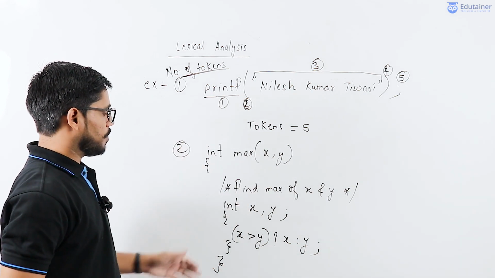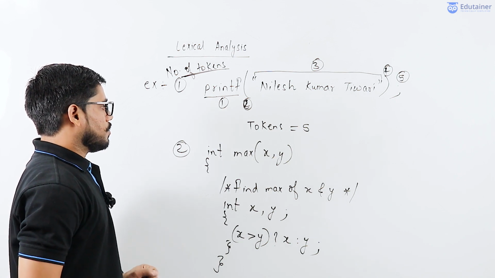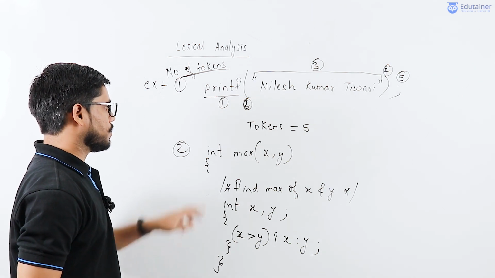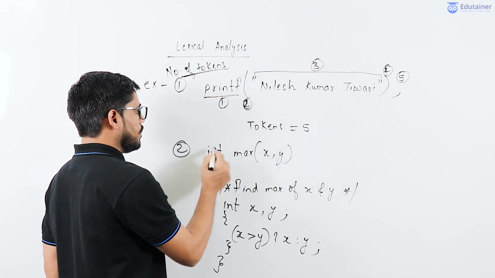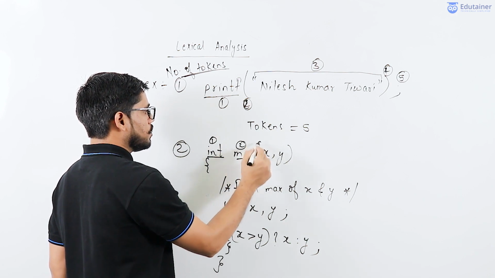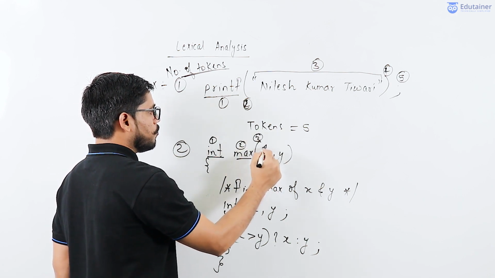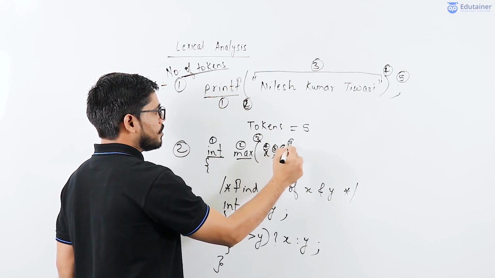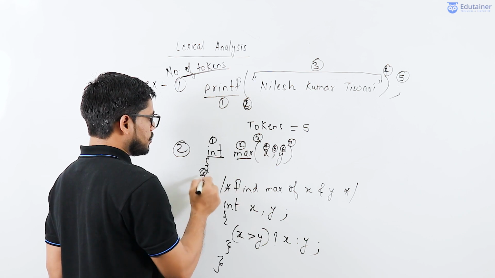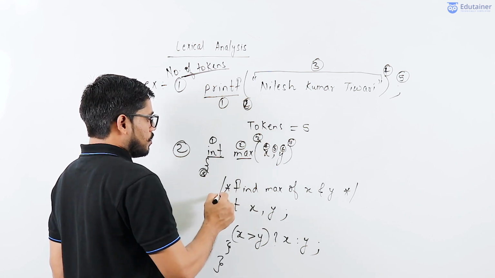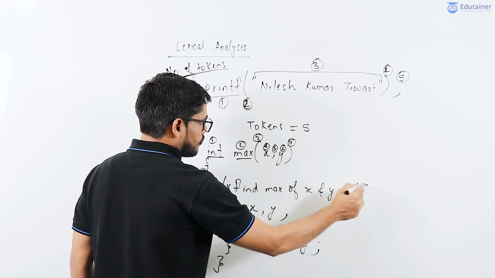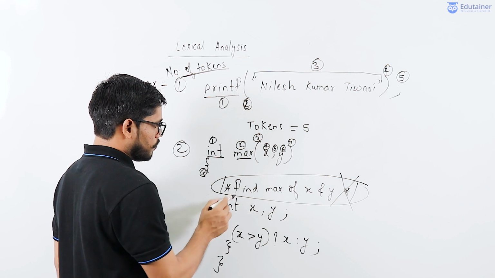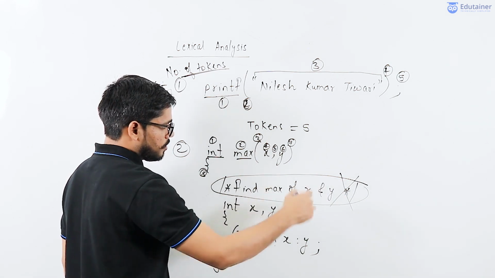In this particular program you can find the number of tokens. How many tokens are present here? The tokens are: int 1, max 2, 3, this is 4, comma 5, 6, 7, this is 8. The comment is totally ignored by the lexical analysis phase, so we cannot count it as a token.